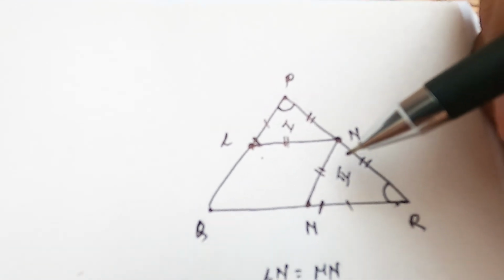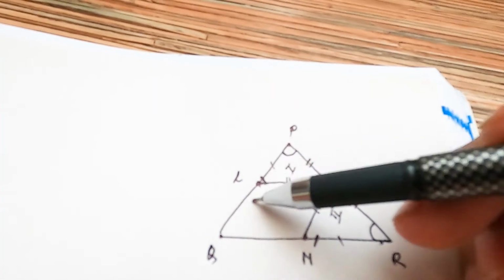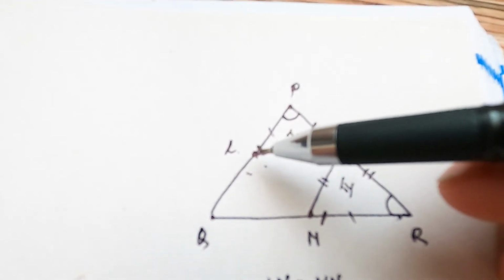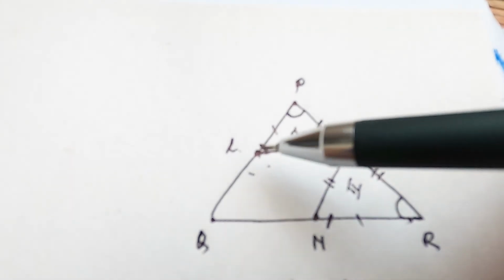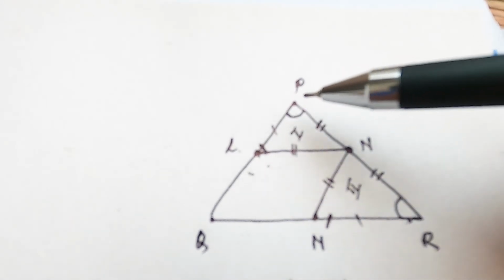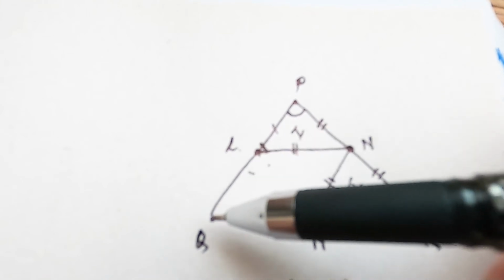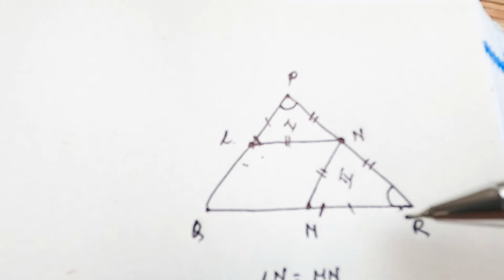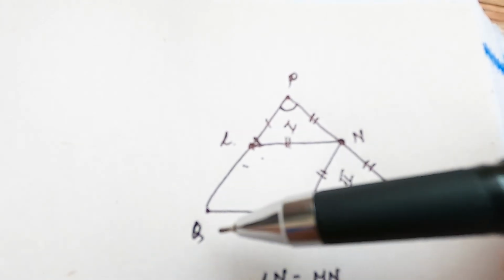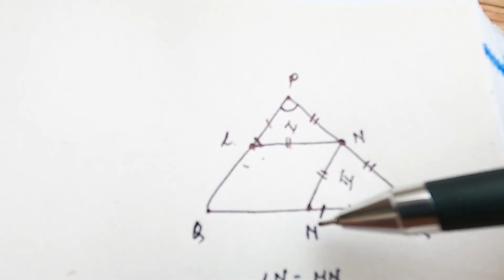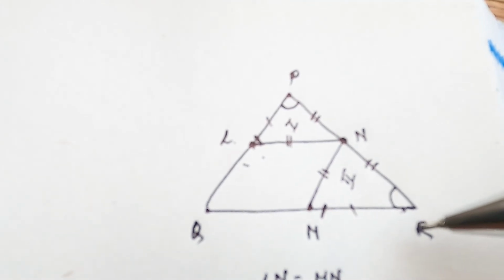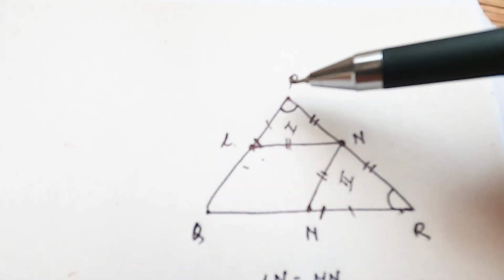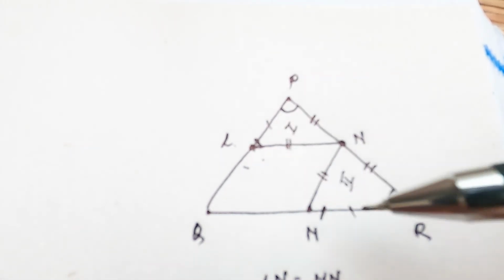Now L is the midpoint of PQ, so therefore PL will be equal to LQ. And M is also the midpoint of QR, so QM will be equal to MR. Also from the question it is given that QP is equal to QR.